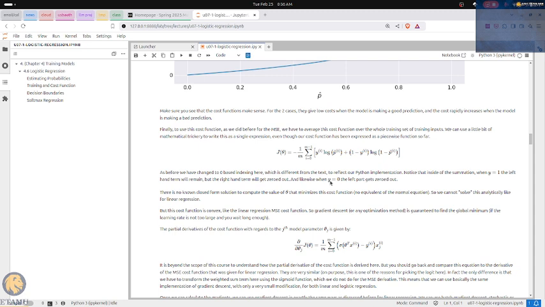If all of them are really bad, if we're always predicting 1 when it should be 0, or 0 when it should be 1, we're going to get really high costs when you sum up over all the samples, which is what we want. Then we're just taking the average of that. If we have m samples, we divide by m. That's the average cost for however many samples we're doing this for.